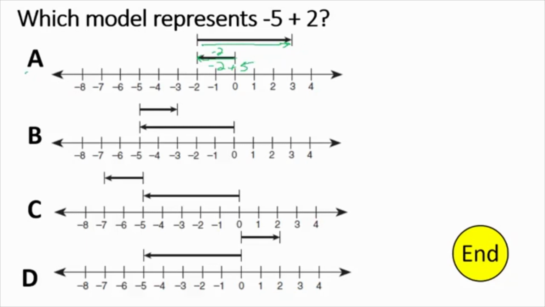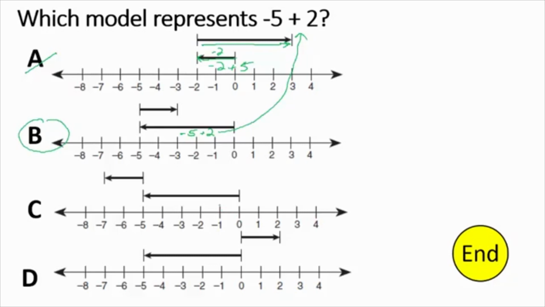So A is gone. B, the very first thing they write is we've gone backwards 5. That's represented by a -5, and then we're going forward towards the positive side by 2, so I'm adding 2 here, and that looks like it matches what we were given, so I think it's choice B.